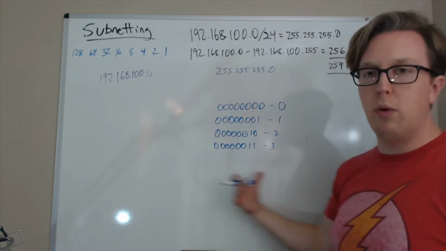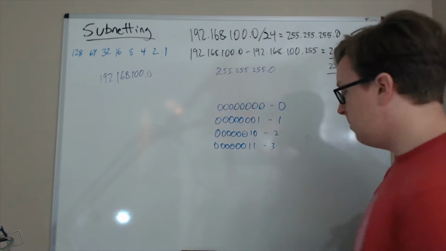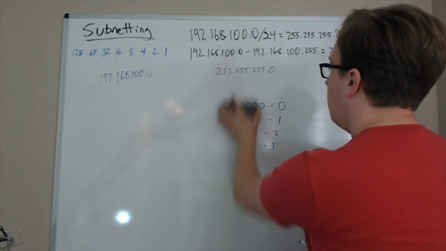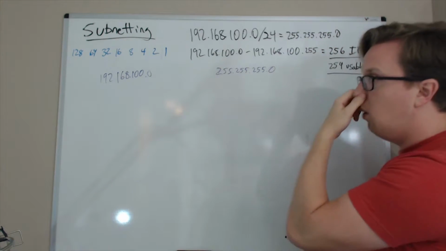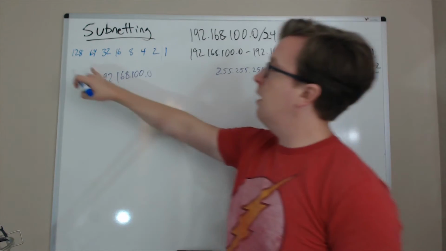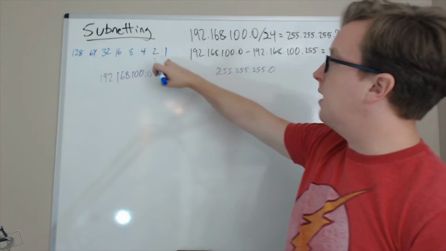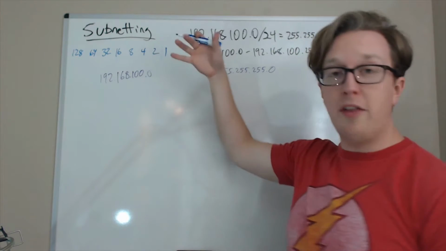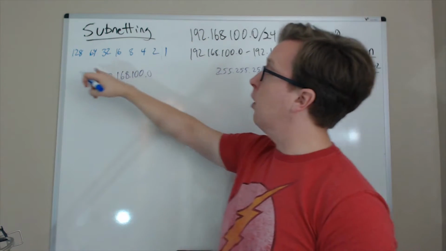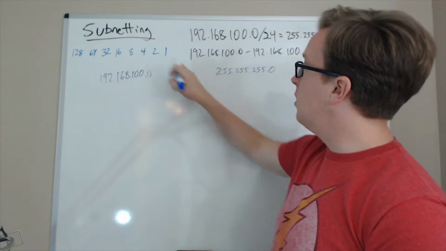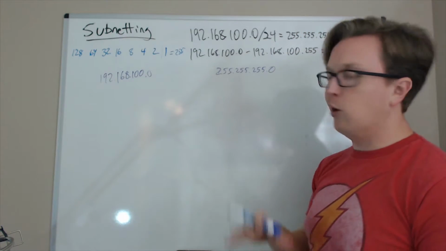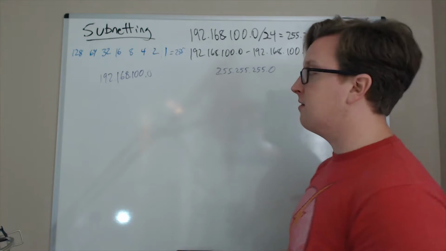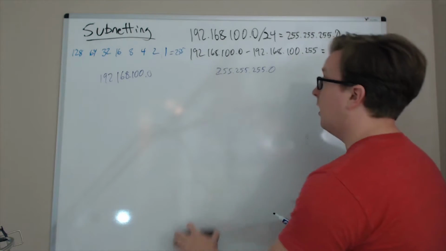That's how we count within binary. If you add all of these numbers up together, you're going to get 255. You can do it yourself, but just trust me, it's equal to 255.